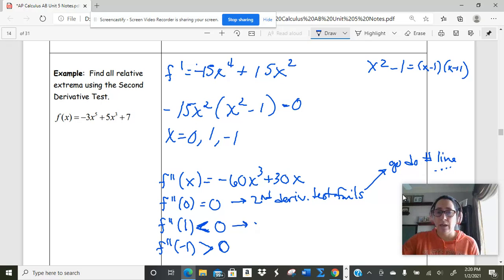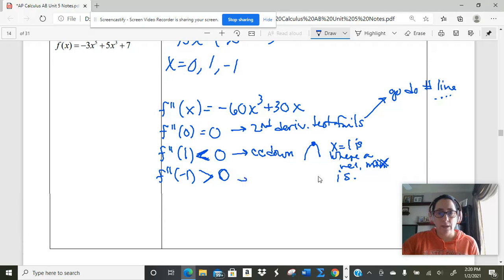The negative tells me that I am concave down, which means that x equals 1 is where a relative max is.